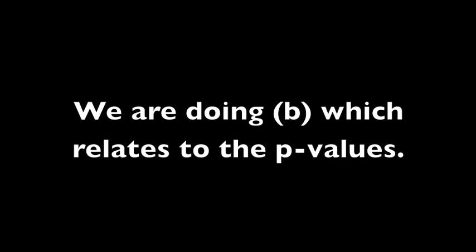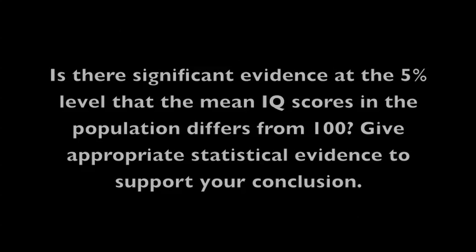We are doing B, which relates to the p-values. Is there significant evidence at the 5% level that the mean IQ score in the population differs from 100? Give appropriate statistical evidence to support your conclusion.